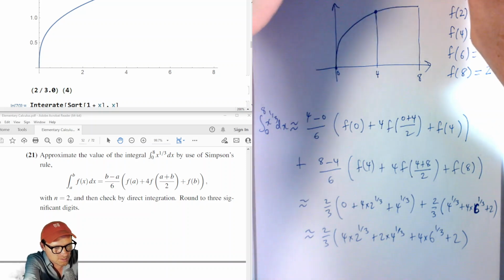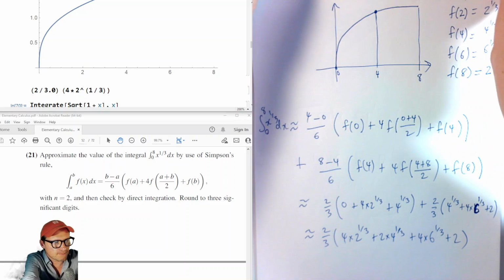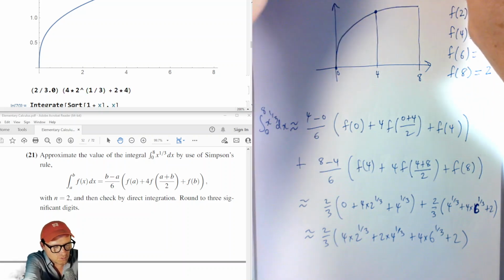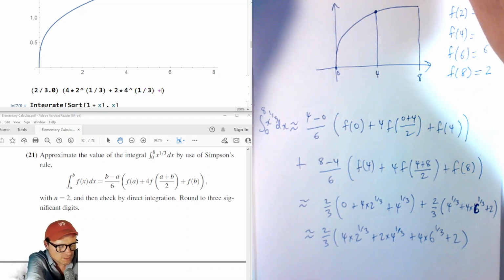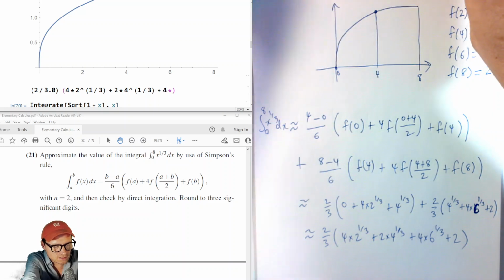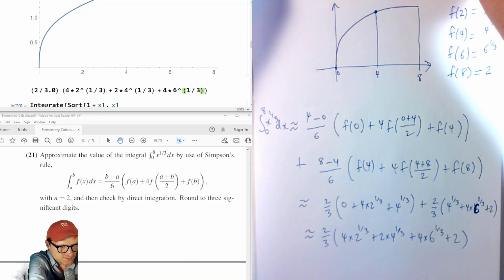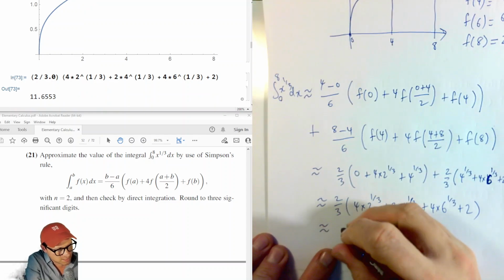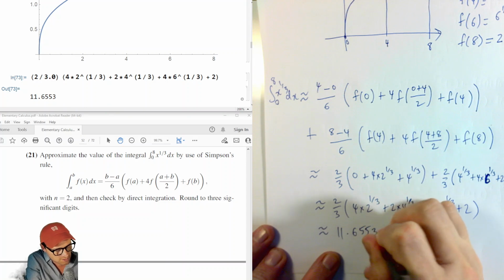And then we have 4 times 2 to the power of 1/3 plus 2 times 4 to the power of 1/3 plus 4 times 6 to the power of 1/3 and then plus 2. And so my calculation tells me that this should be 11.6553 and so on.